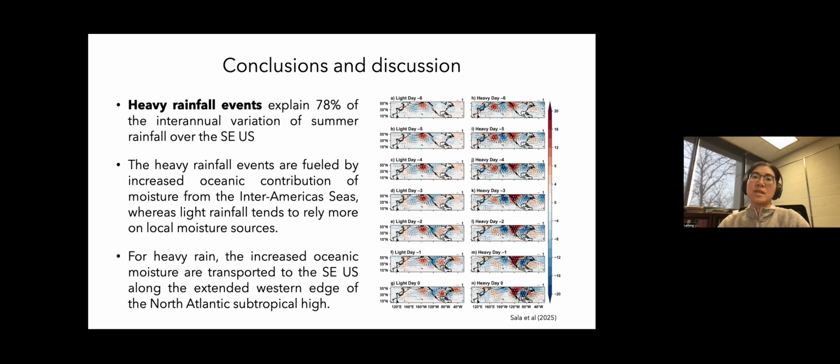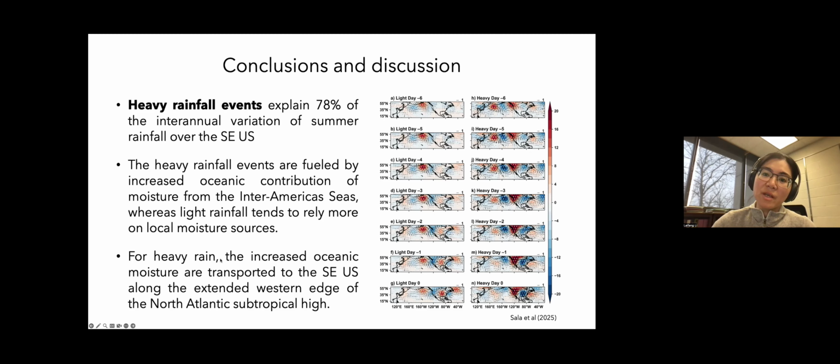So overall, during the heavy rainfall events, there is increased oceanic moisture contribution from the Inter-American Sea into the southeastern United States. But in the light rainfall events, they tend to derive more moisture from the local and land sources.